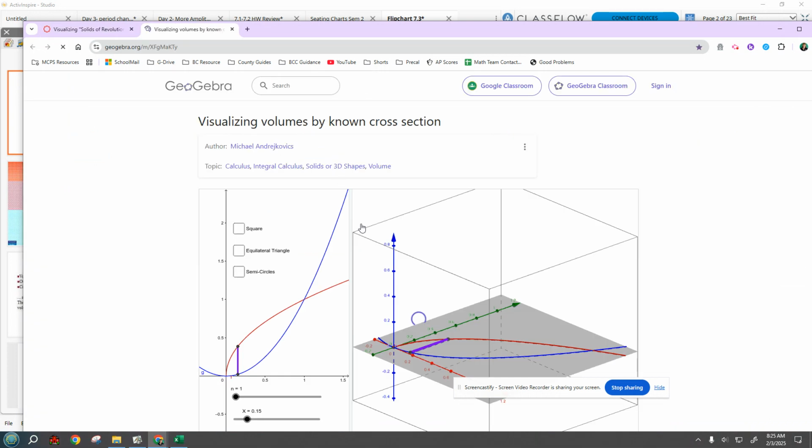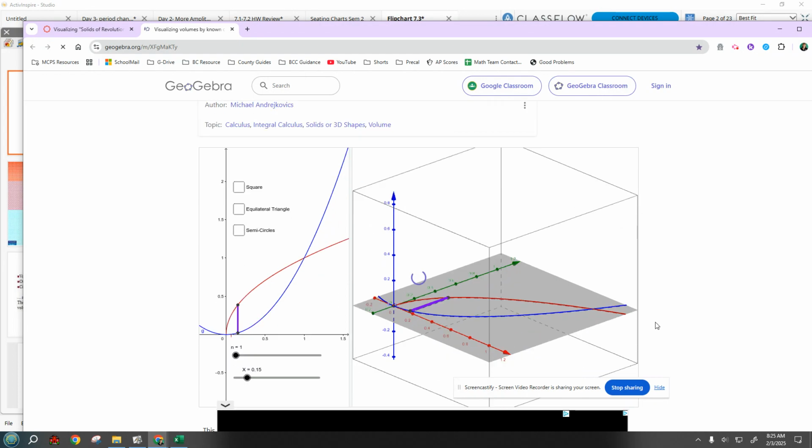Well, we'll try it anyway. It takes a minute to load. This has 2 different curves, a red curve and a blue curve, and it will get there eventually. Go, little engine.